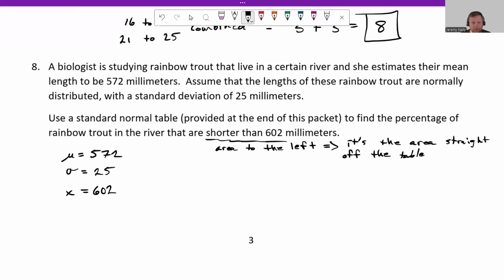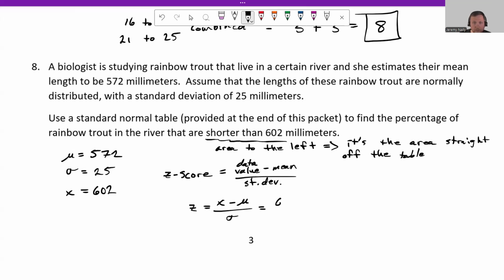Okay. Well, we need our z value. So remember, z-score is the data value or data item minus the mean divided by the standard deviation. And on your formula sheet, you should have something like z equals x minus mu over sigma, or x minus x bar over s.